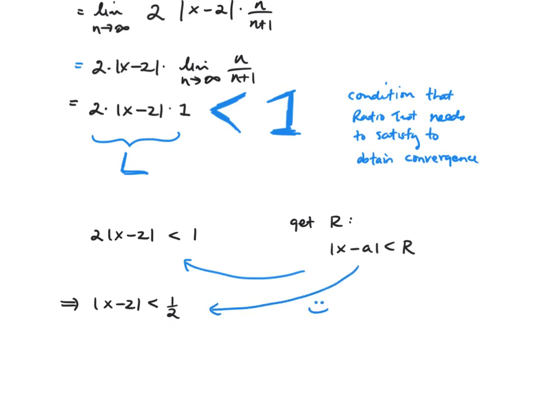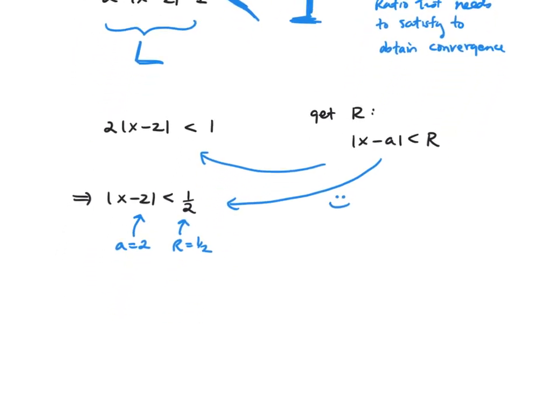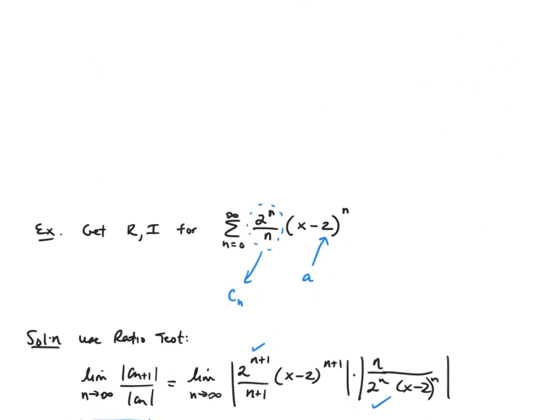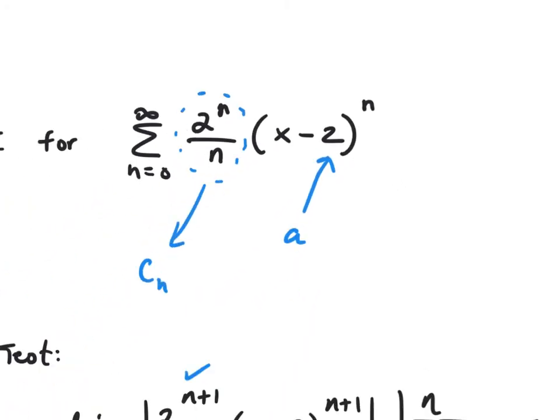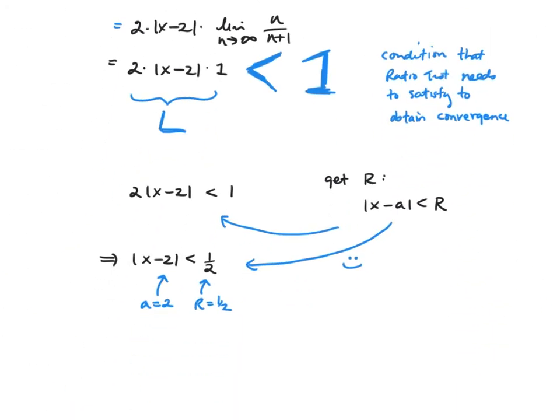If I look at this, the a value is 2 here, not minus 2, but positive 2, because it's x minus a. And the R value is given right here. The R is 1/2. As soon as I get this format, I knew what a was from the very beginning, by the way. The a is just this value 2, and it lives on through this calculation down to here.